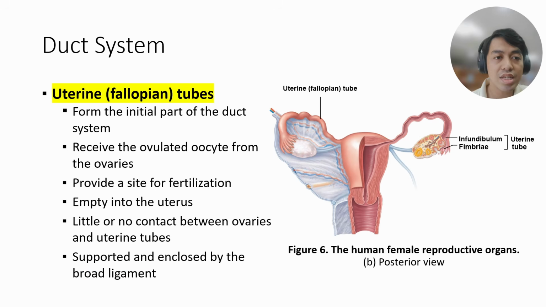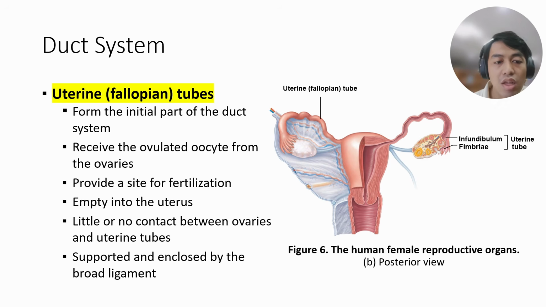So for the ductal system, again, the fallopian tube is the initial part of the ductal system after the release of the oocyte. And this is also the site where the sperm meet with the ovum in order to be fertilized. So the fusion of the sperm and the ovum is called fertilization.